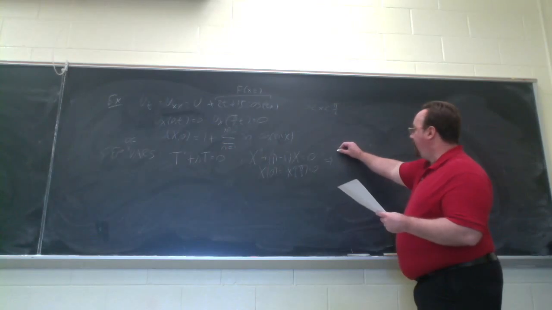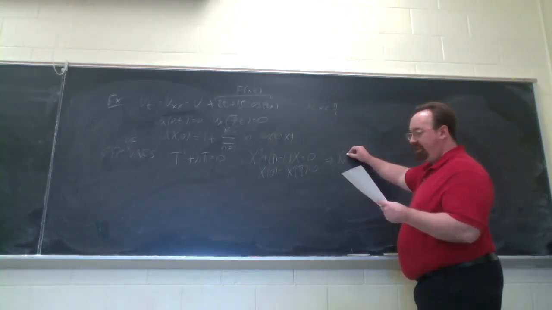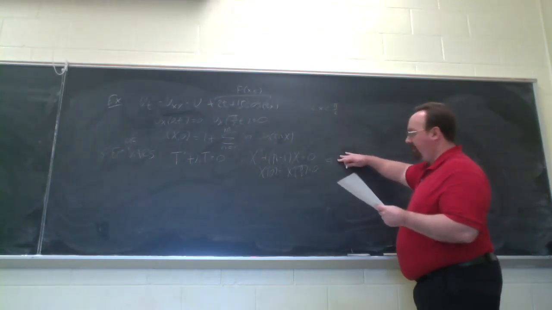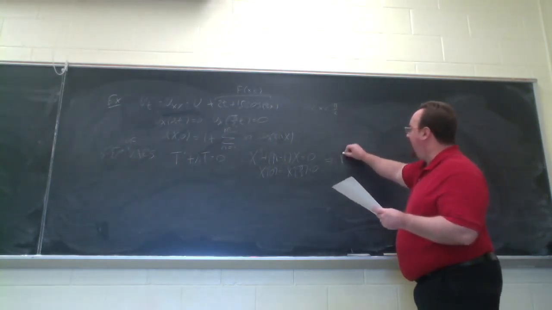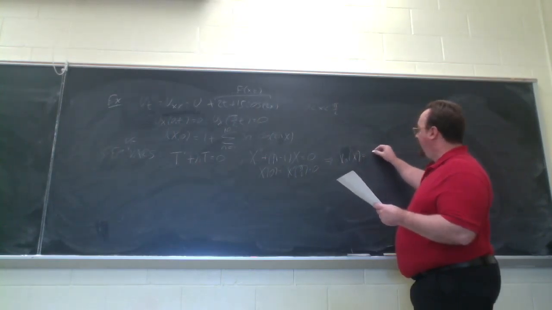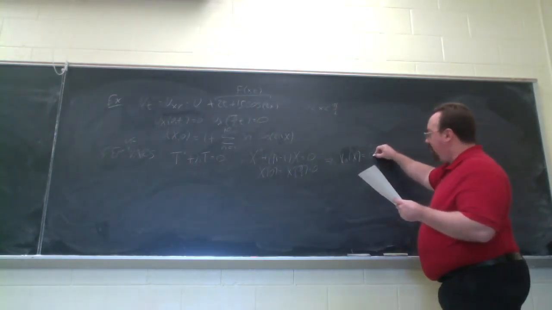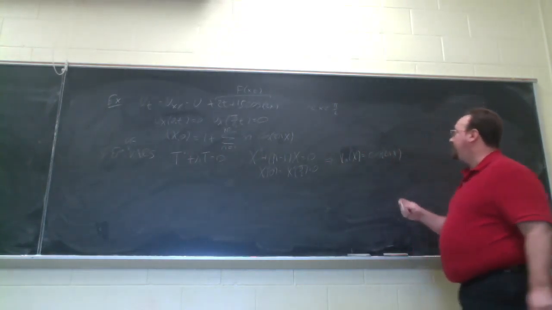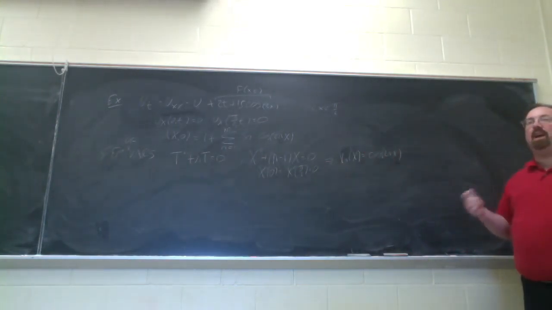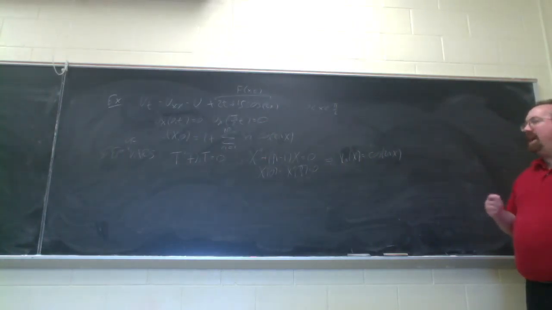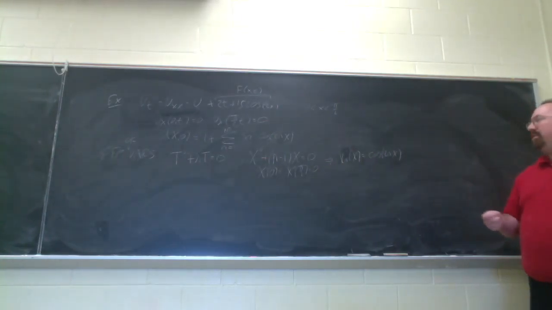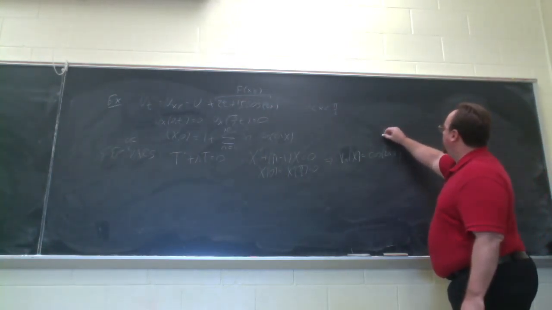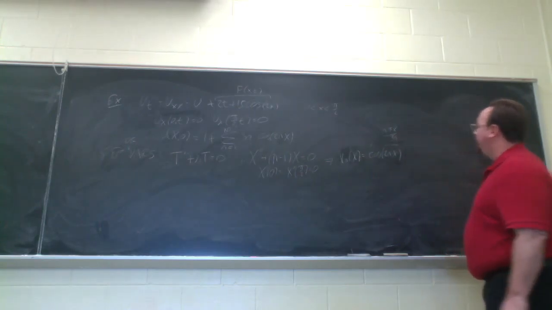So actually, my eigenfunctions are going to be cosine of 2nx, because normally it's going to be n pi x over L, but L is pi over 2. So that's n pi x over pi over 2.